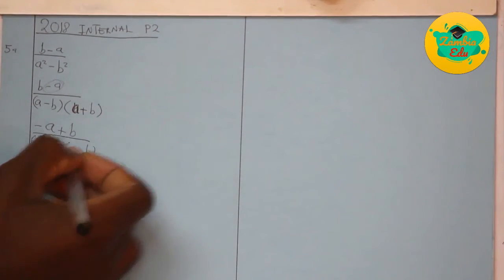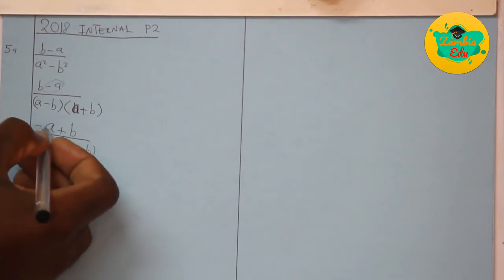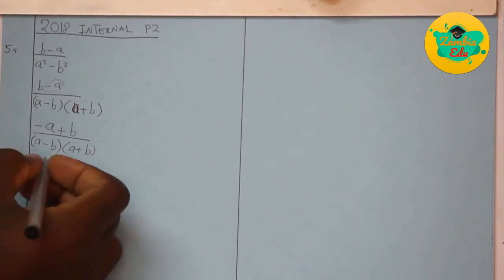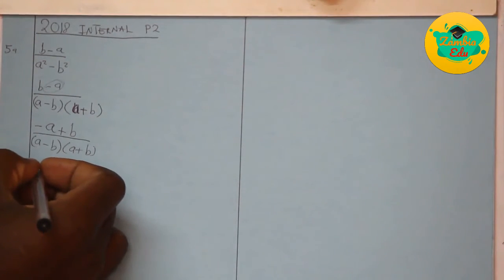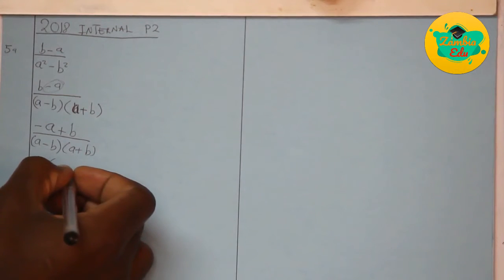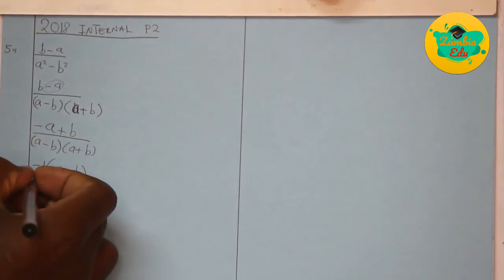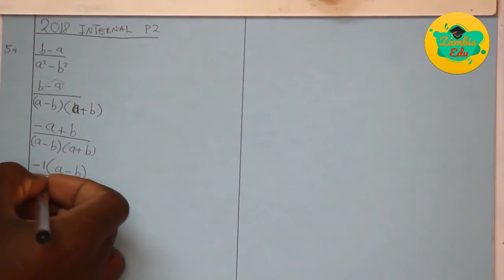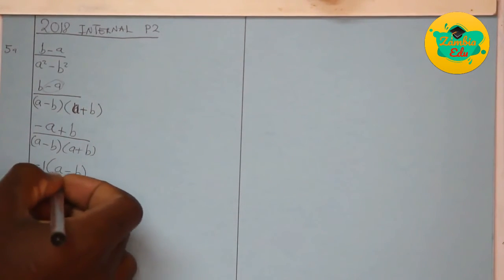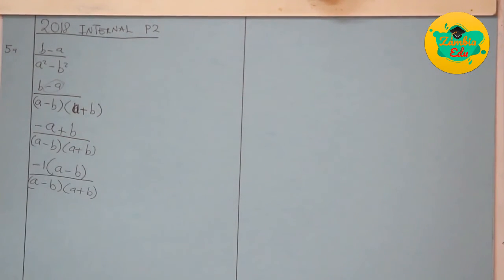a plus b. So what is common there is a negative 1, so you can factor out negative 1 in that way, which will give inside a minus b over a minus b, a plus b.